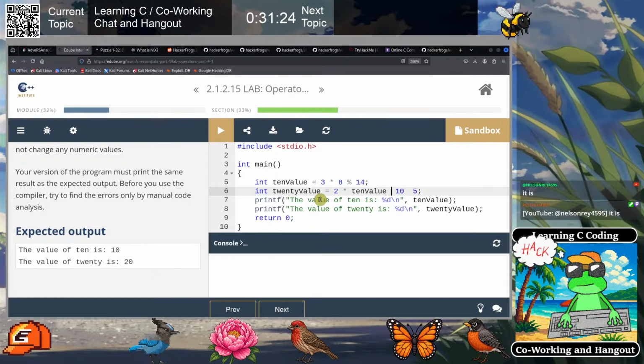Let's see, 20 value equals 2 times 10 value, and then what do we do here? So there's a 10 and a 5. Do we want to multiply by 10? Divide by 10?